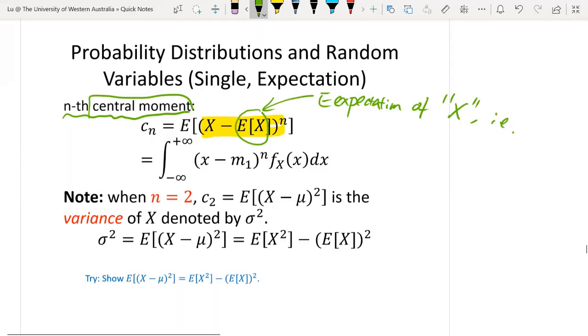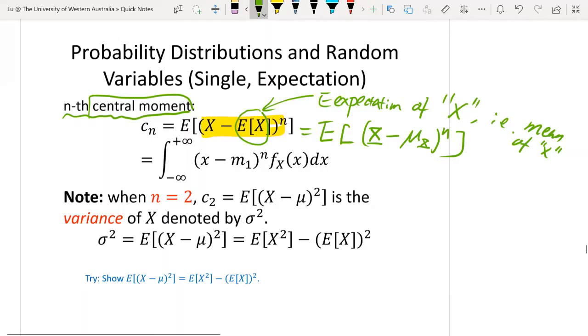In other words, this is the mean of x. So this is actually equal to the expectation of the random variable x minus the mean of this random variable. Normally we are using mu_x to denote the mean of x, and then raise it to the power of n and close the bracket. So this is the way we calculate the nth central moment.